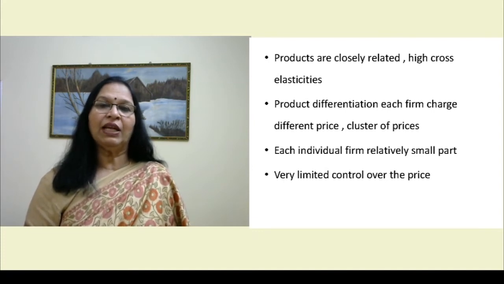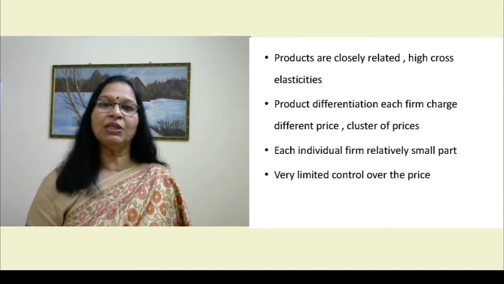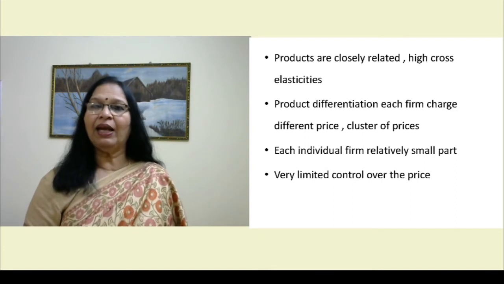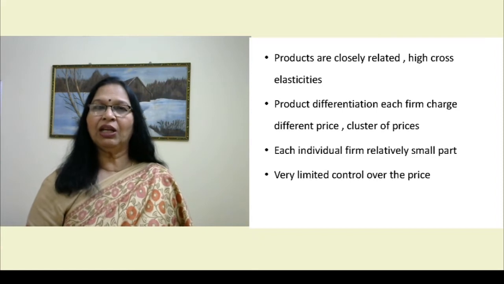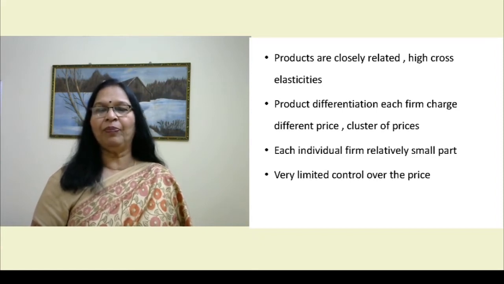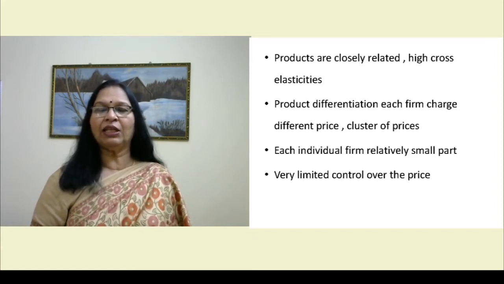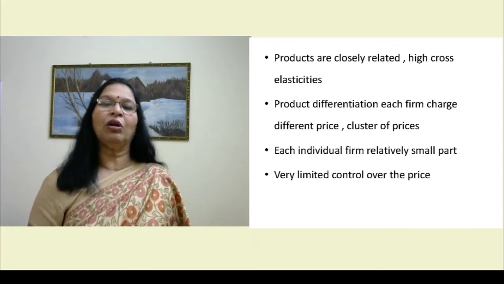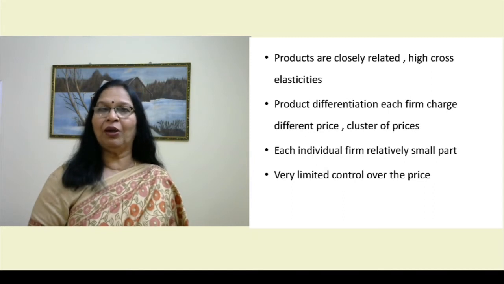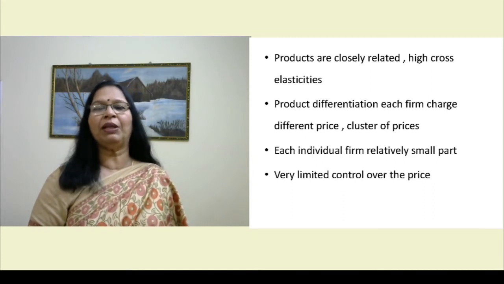Because of that, the other thing that we also see is that each firm has a part in that group, but controls a very small part of the market. So it is not that the entire size of that market for soap has been cornered by one seller. That is not what is happening.